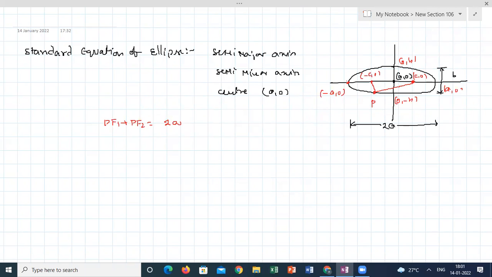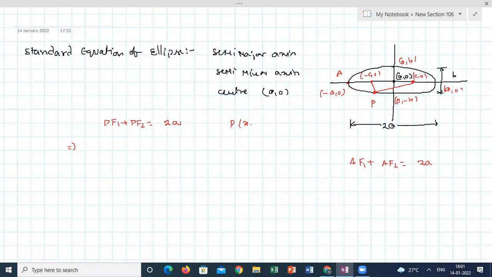Because if the point is any vertex, suppose A is a point, AF1 plus AF2 is equal to 2A. From that, P is any other point, PF1 plus PF2 is 2A. If I am applying the distance formula, what will I get here, students?